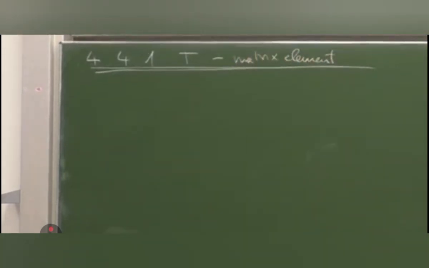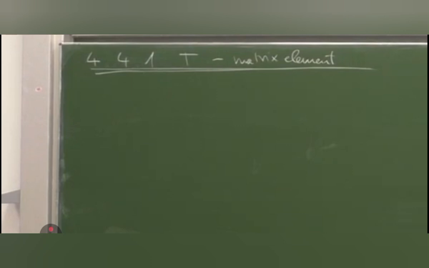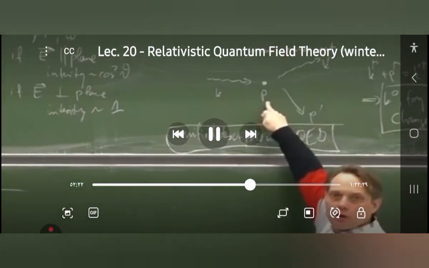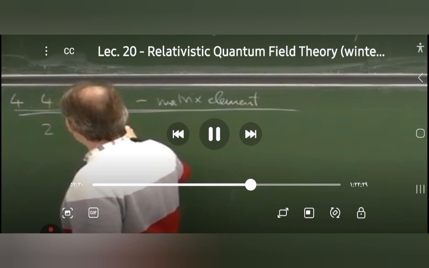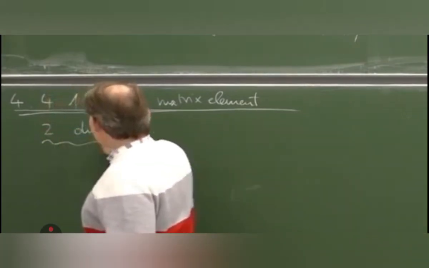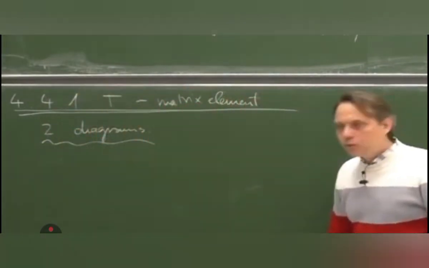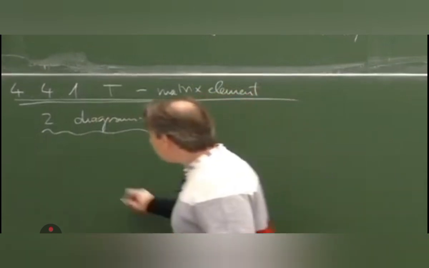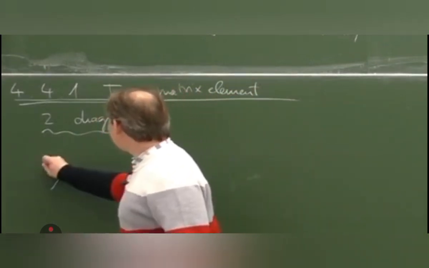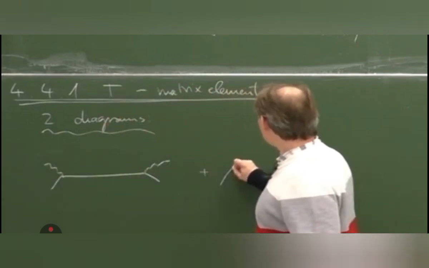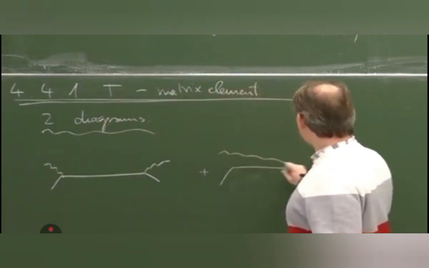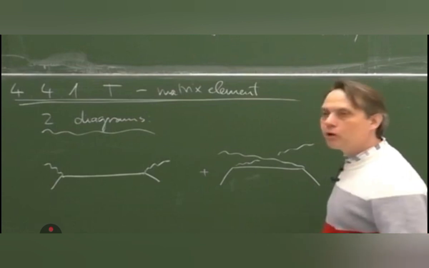And so we are now considering concretely this process, photon and electron going into another photon and electron with modified momenta. And for this, there are two Feynman diagrams. We already had them in our derivation of Feynman rules, and the diagrams look like this. That is one diagram, and the other diagram looks like that, where the photons are exchanged.